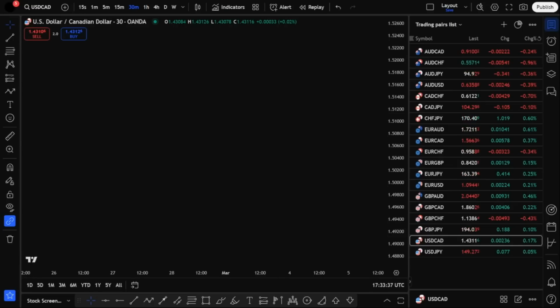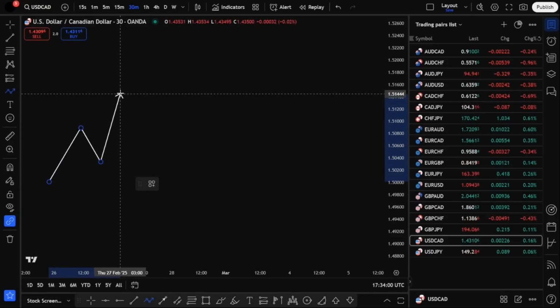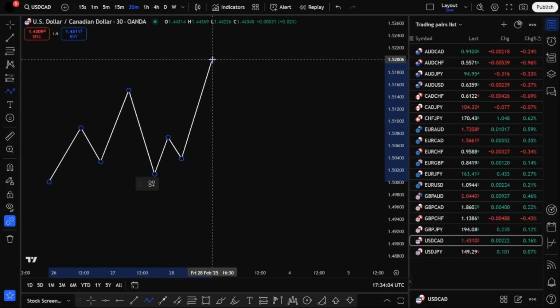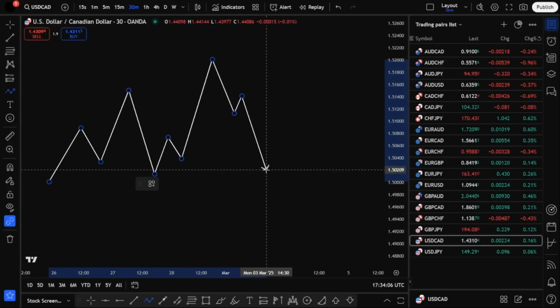Let's cover a few theoretical points, so we're all on the same page before diving into the strategy. We'll start with a basic concept: support and resistance levels. This is a fundamental but super important idea. Imagine the price is moving in a direction but keeps hitting a wall, a level that pushes it back.